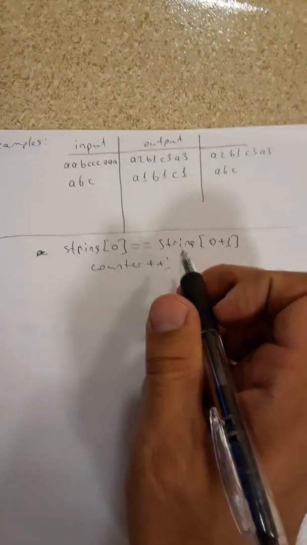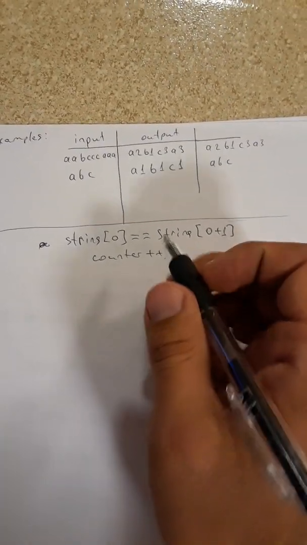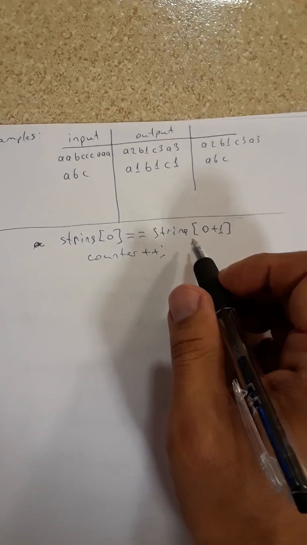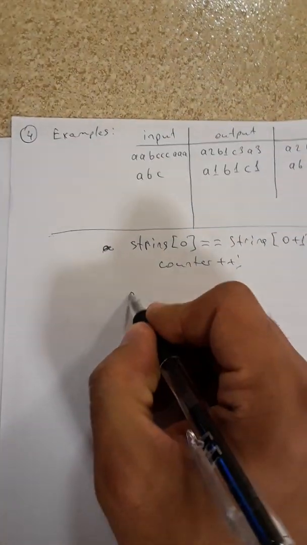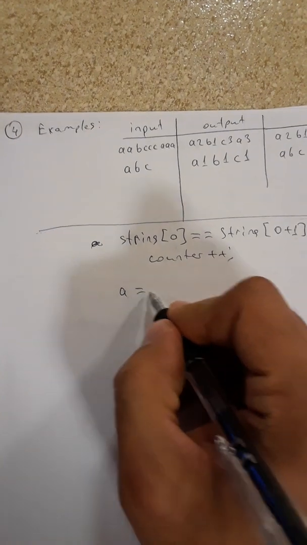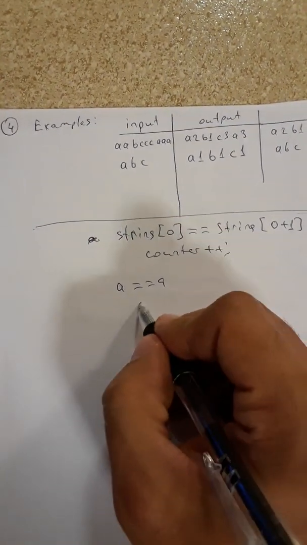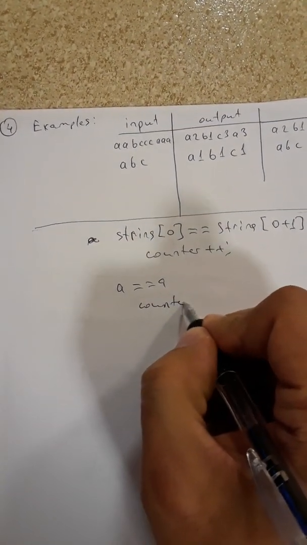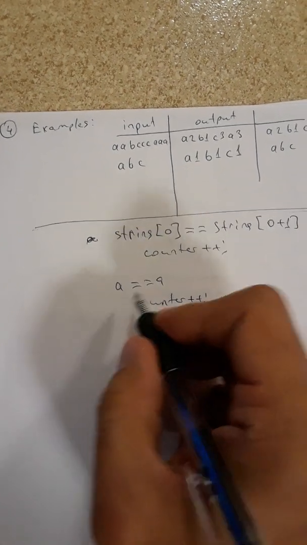But when we reach the end, so for example, for the given string, we see that A is equal to the next A, so our counter will be incremented by 1.